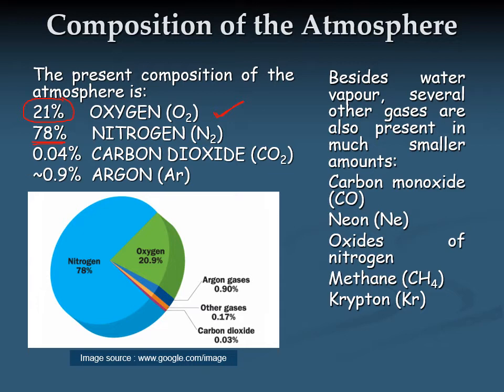Now, one problem is that this process, from the falling of ultraviolet ray over the water vapor and producing oxygen, is very slow.